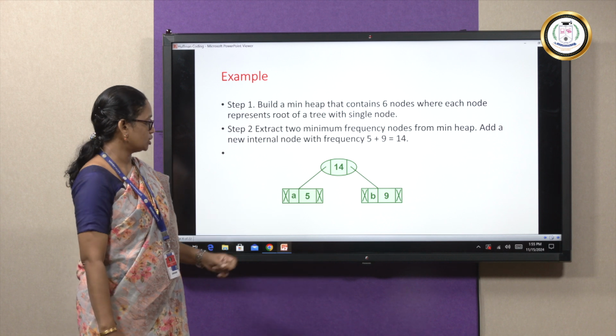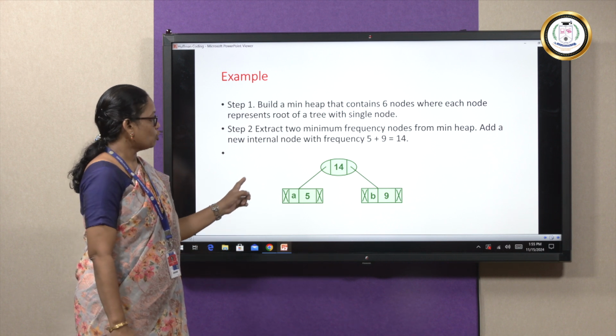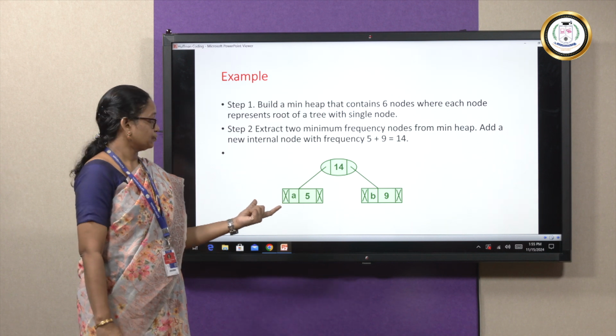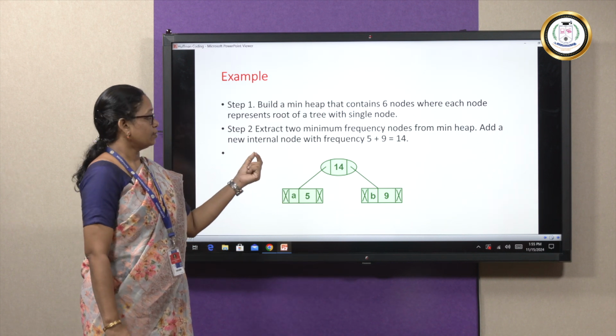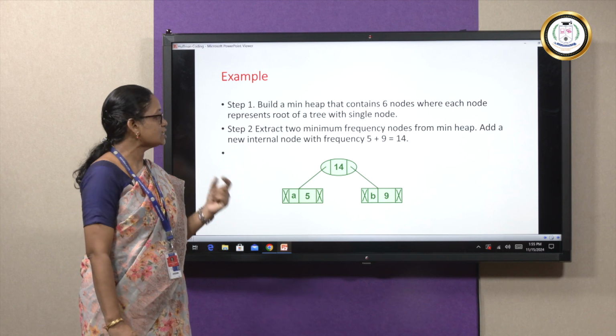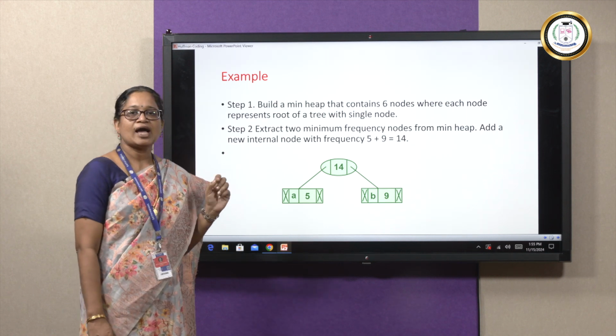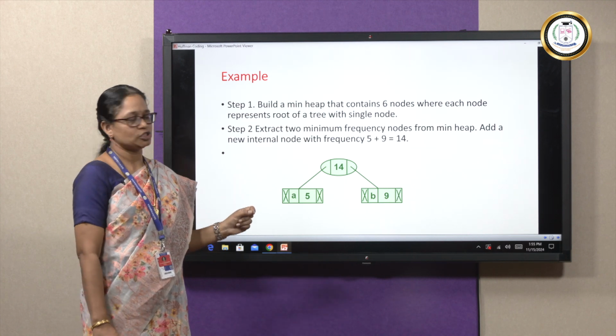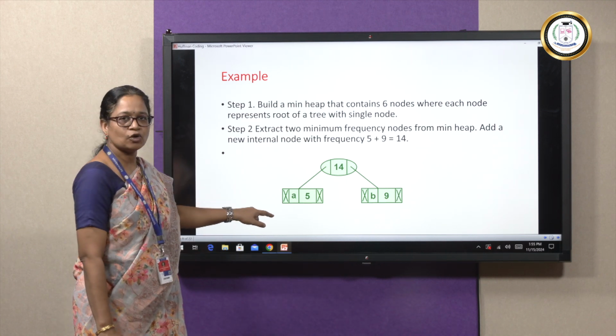Extract those nodes, form a node structure and find the sum of 5 and 9. The resultant sum is 14 and that is the internal node here. So an internal node is created by adding the frequencies of the two minimum frequency nodes. So we have got the internal node like this.